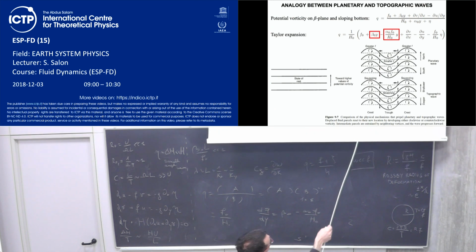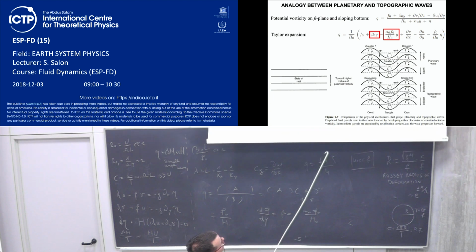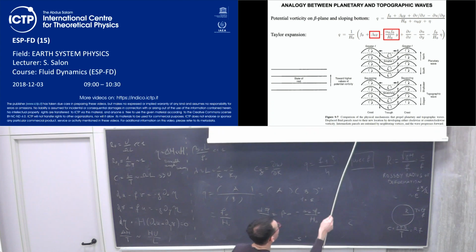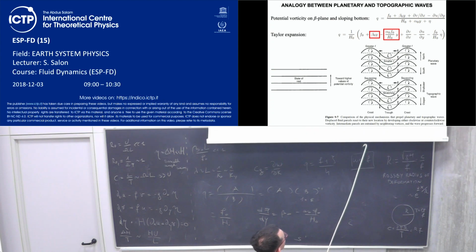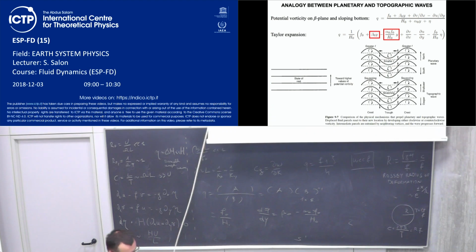If I go in this direction towards a dip, so if I increase h, I have to increase also the relative vorticity, so I have anti-clockwise vorticity, and so again a parcel which will be here will be moved towards this direction, and a parcel which will be here will be moved towards the opposite direction. Okay?